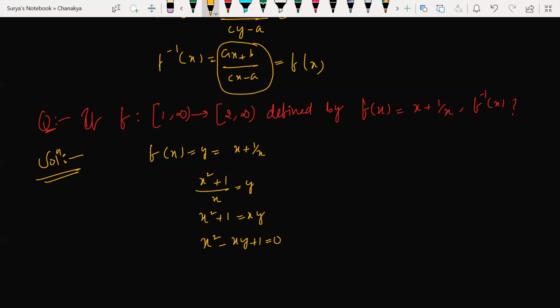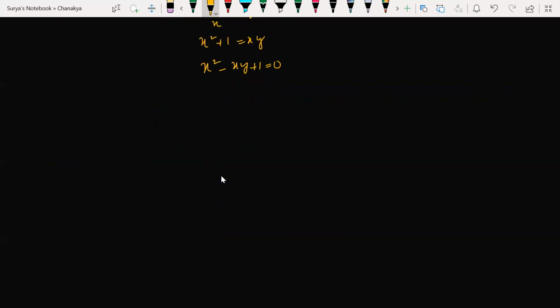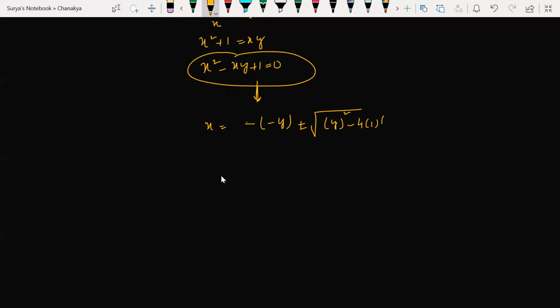If I factorize this, for finding the x value, how do I need to factorize? Using minus b plus or minus square root of b squared minus 4ac, divided by 2a.